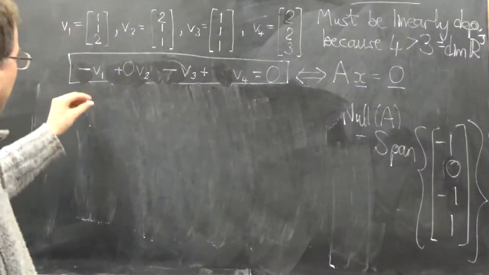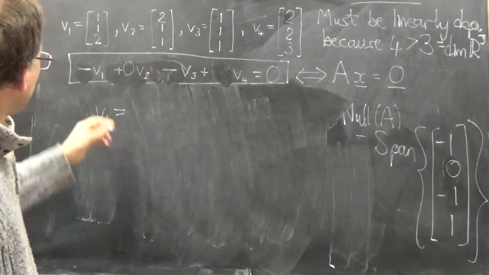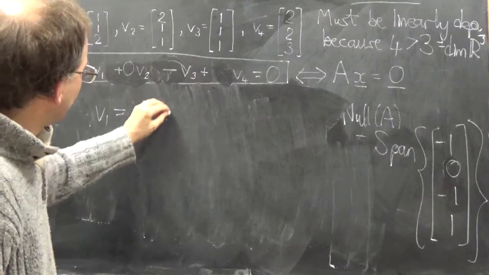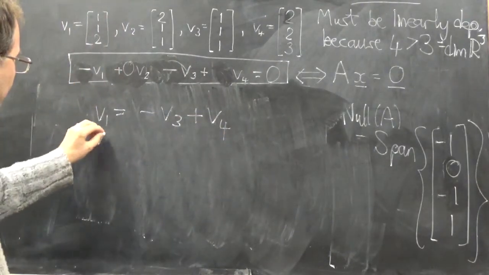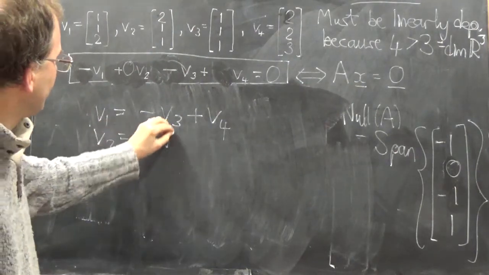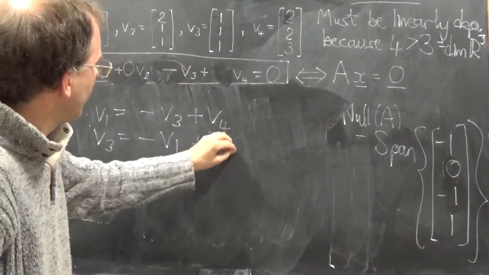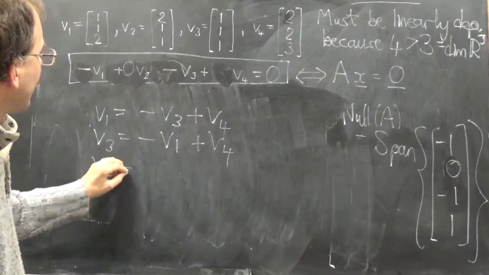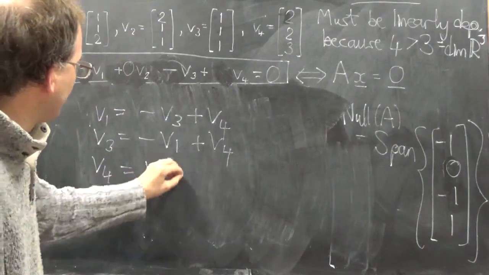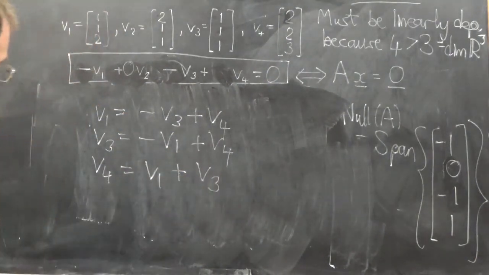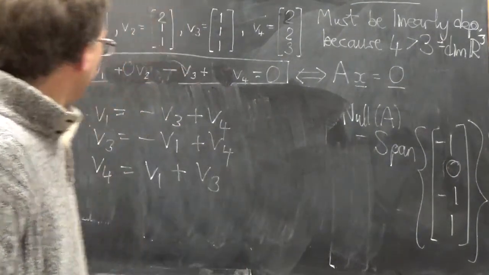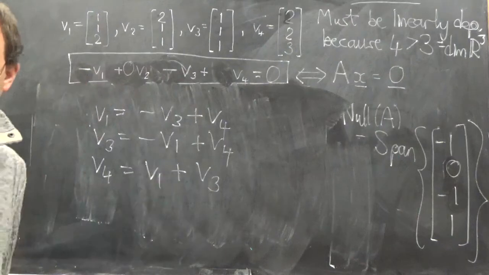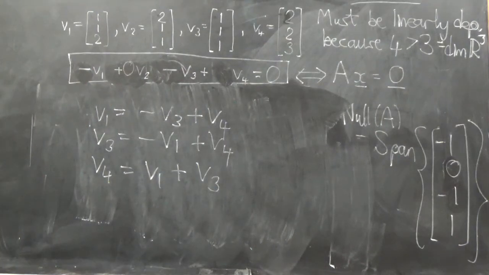So for instance, v1 is equal to minus v3 plus v4, and v3 is equal to minus v1 plus v4, and v4 is equal to v1 plus v3. So v1, v3 and v4 can be expressed in terms of the others, but v2 can't because it has a 0 coefficient.